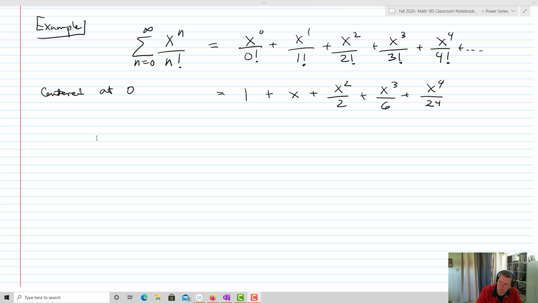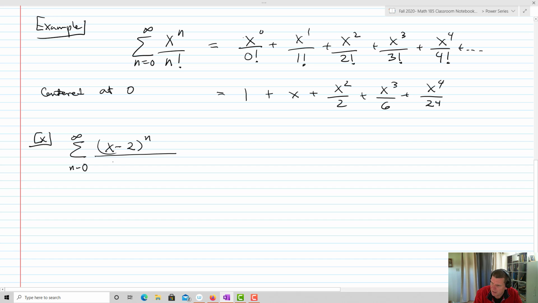Let's take another example. This one has (x minus 2) to the n. So this is the sum, n equals 0 up to infinity, of (x minus 2) to the n divided by (n plus 1) times 3 to the n.